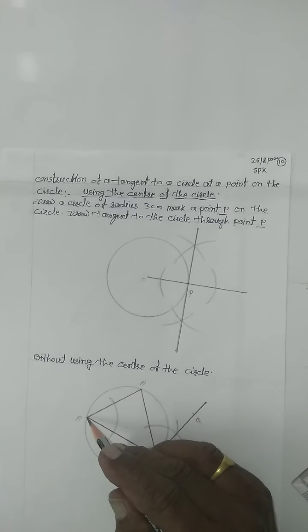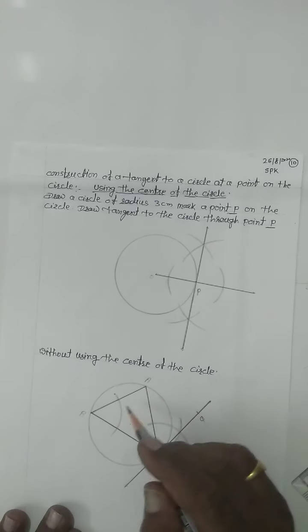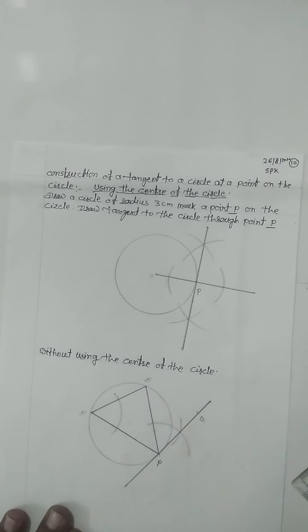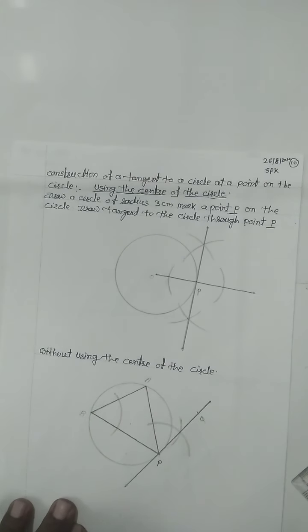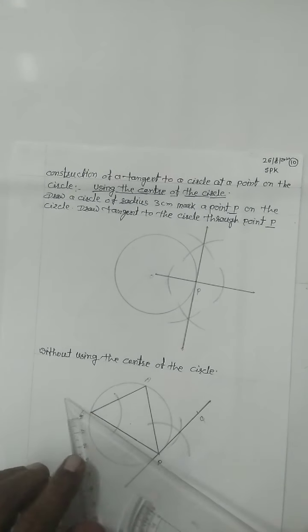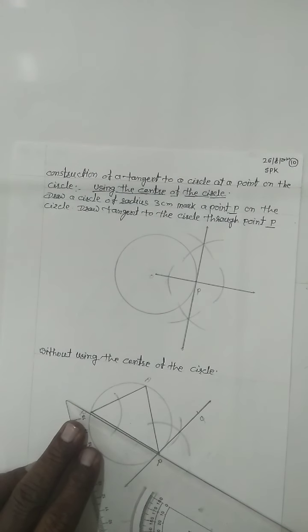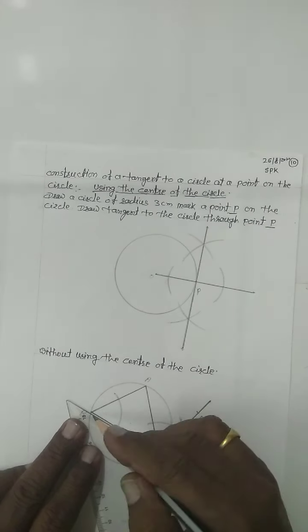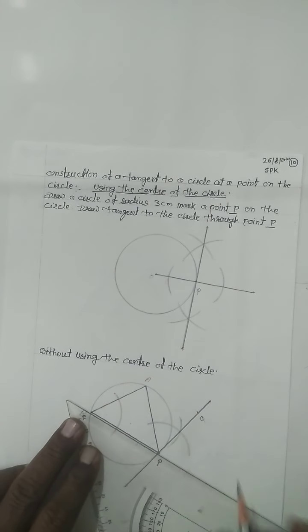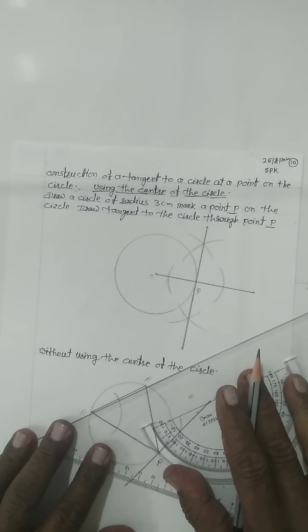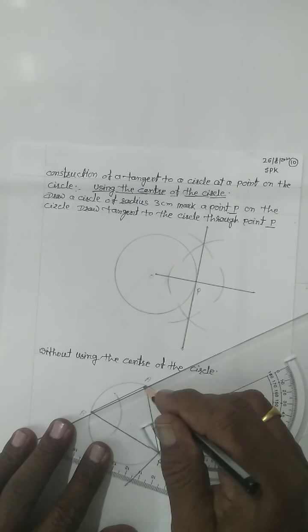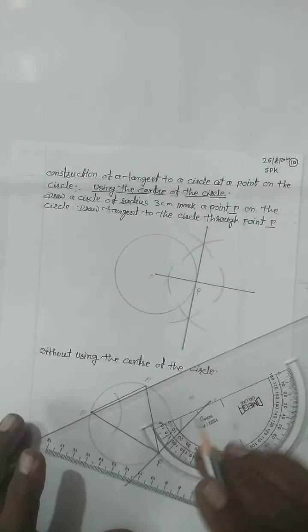Then draw any angle in this alternate segment. We take a point B on this circle and join B with point P and with point A. Now we get an angle, that angle is ABP.